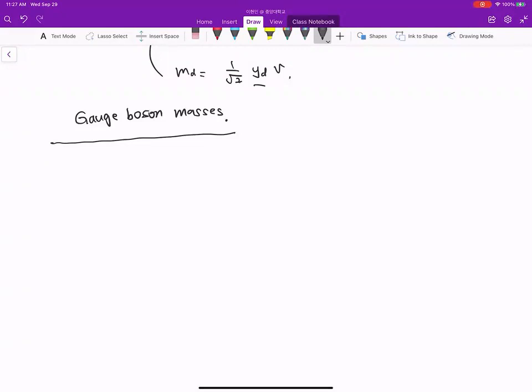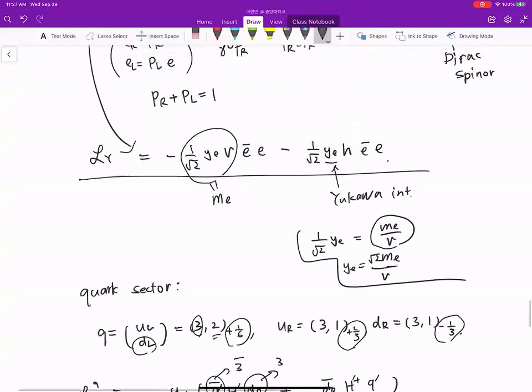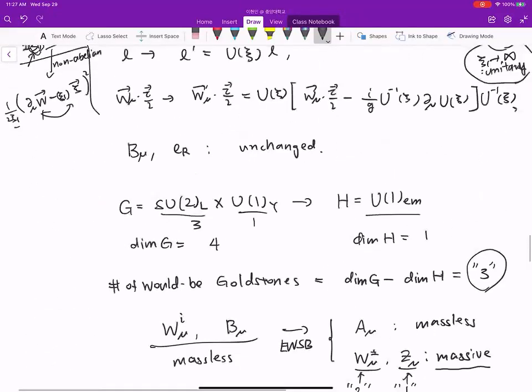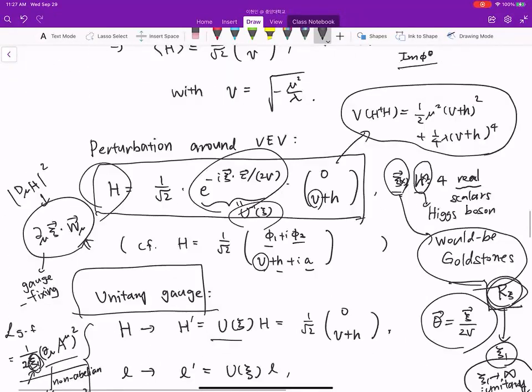So again, in unitary gauge, we are working in unitary gauge. So this unitary gauge is, of course, I choose a particular form of the Higgs doublet in this polar coordinate.